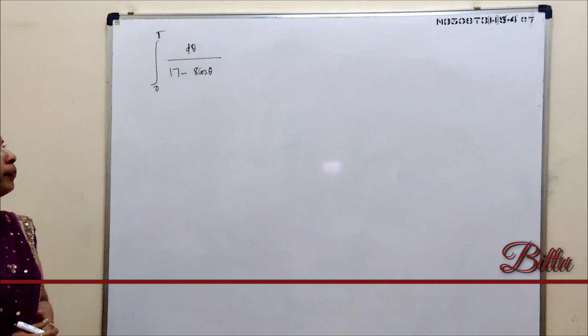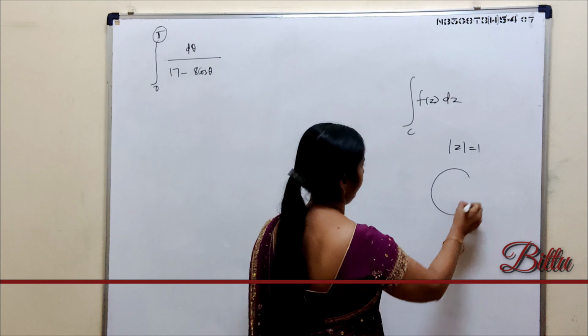So finally, after substitutions, you can see the given integral becomes integral over c f of z dz. You can evaluate this integral by residue theorem only if c is a closed curve. If c is not closed, you can't apply residue theorem. See, our c is mod z equal to 1, that is the unit circle.